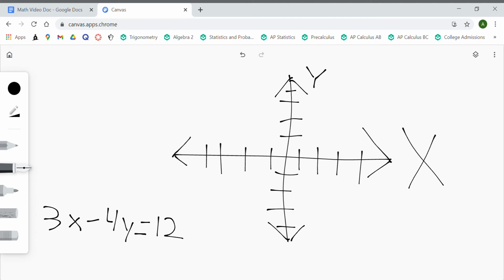Okay, so let's try it out. Let's set our values first. We have a set equal to 3, b set equal to -4, remember the subtraction sign, and c equals 12.